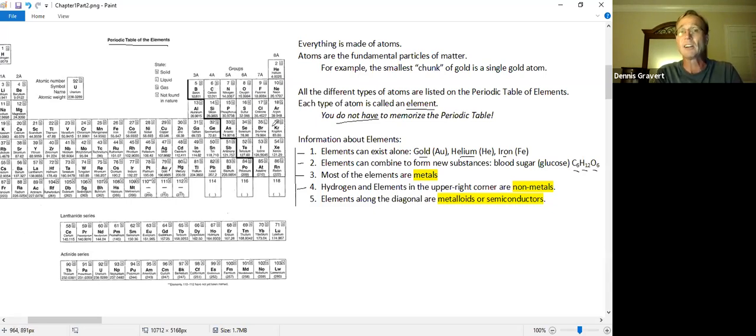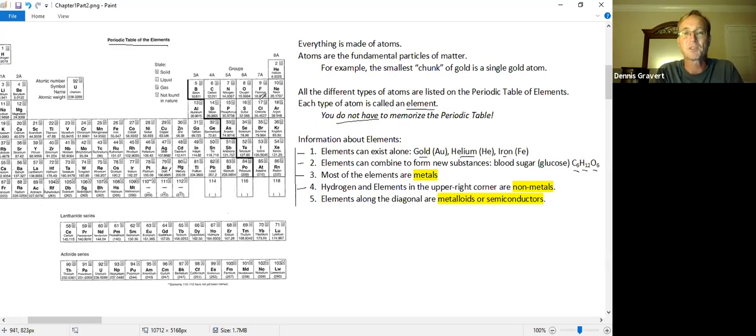Yeah, so the pattern is, chemistry is full of patterns. One pattern here is that elements on the upper right of the periodic table tend not to be metals. The rest are metals, which is kind of cool because what I did for your periodic table for exams, I darkened this diagonal line here that cleanly separates the metals left side from the non-metals right side.